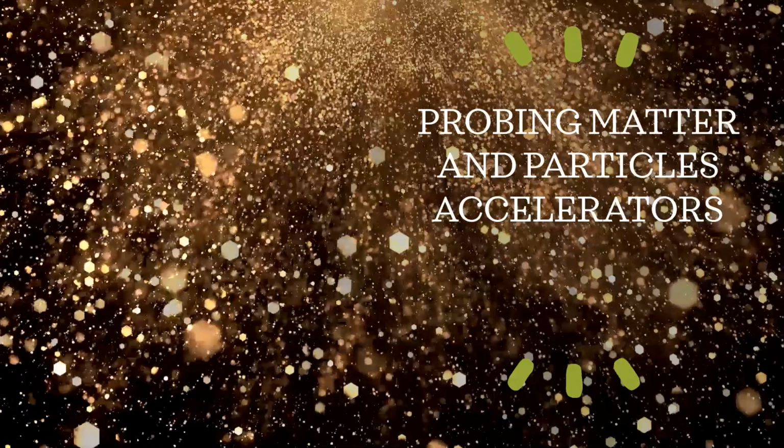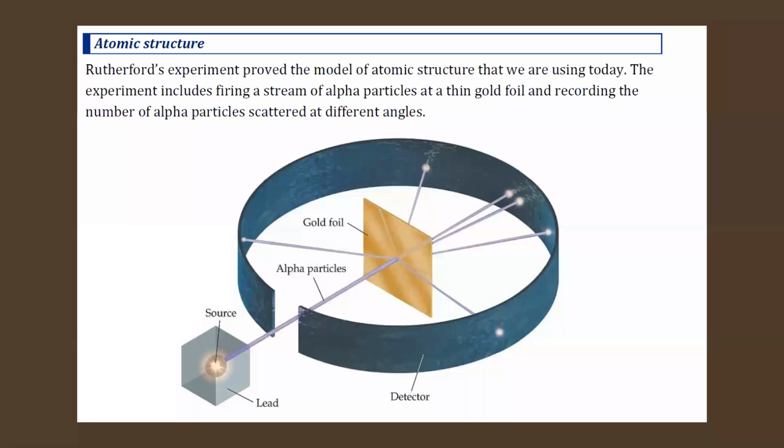So first one is the Rutherford experiment, the Rutherford gold foil or metal foil experiment. What he did was use a high energy beam of alpha particles and focus this beam on a metal foil or gold foil.